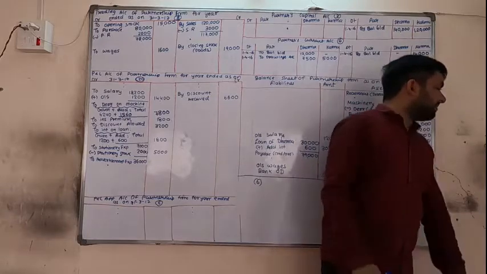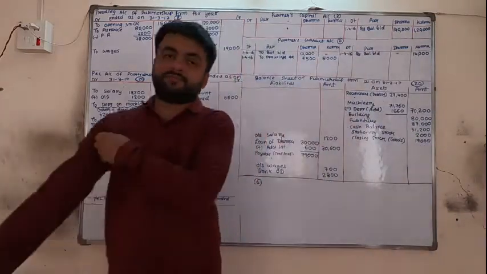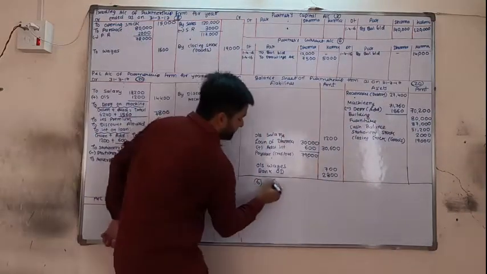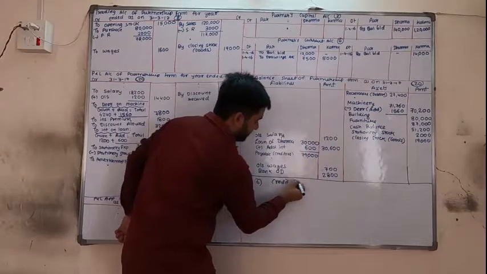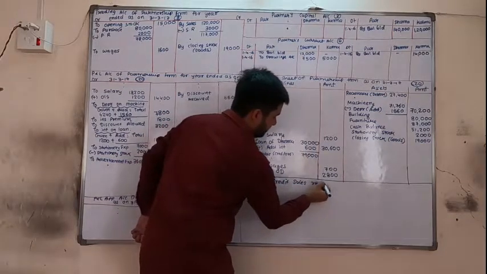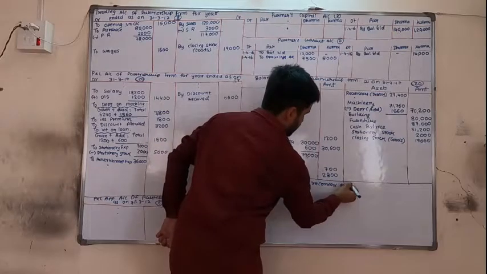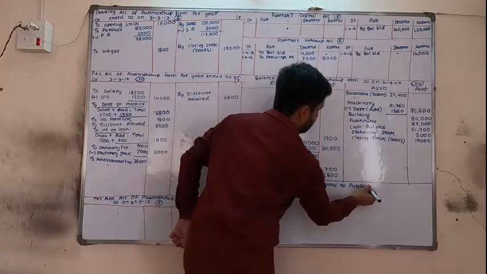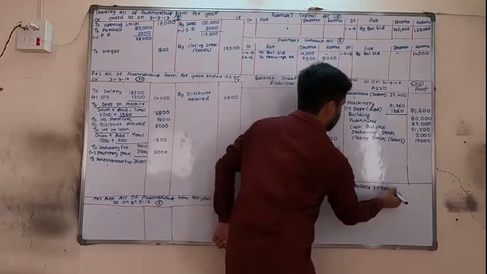credit sales is recorded to purchase return by mistake. Now we will give its effect. Credit sales recorded to purchase returns.